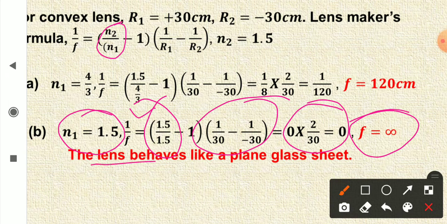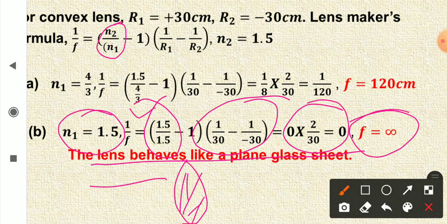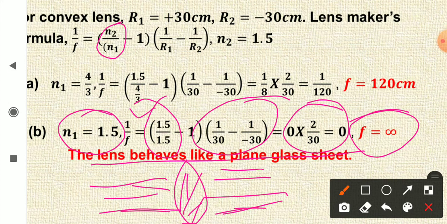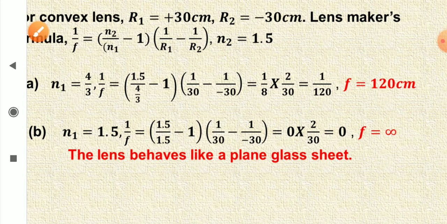So the lens behaves like a plain glass sheet. So you have dipped this glass lens in an outside medium which has the same refractive index, then this lens behaves like a plain glass sheet, or we can say that the lens will disappear. It will not be seen at all. You will not see the lens, it will appear to disappear.